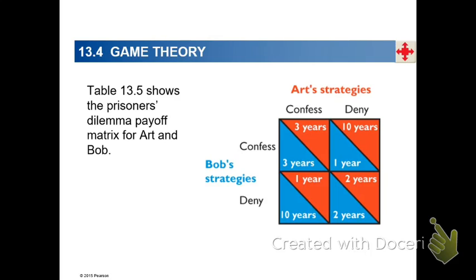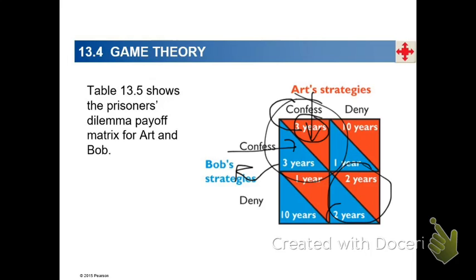For example, when we look at the first entry in this box, it says that if Bob confesses and Art confesses as well, Bob is going to get 3 years and Art is going to get 3 years. If both of them deny, Bob is going to get 2, Art is going to get 2. If Bob confesses but Art denies, Art will get 10 years and Bob will get 1.